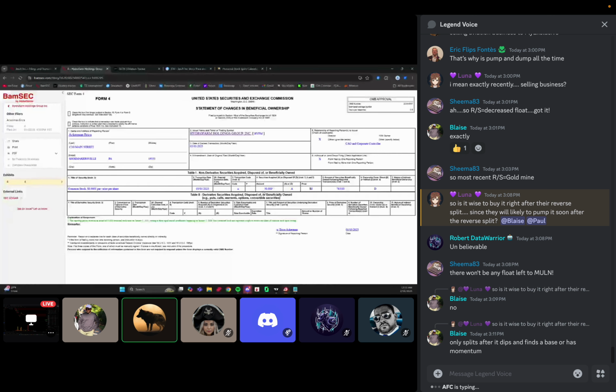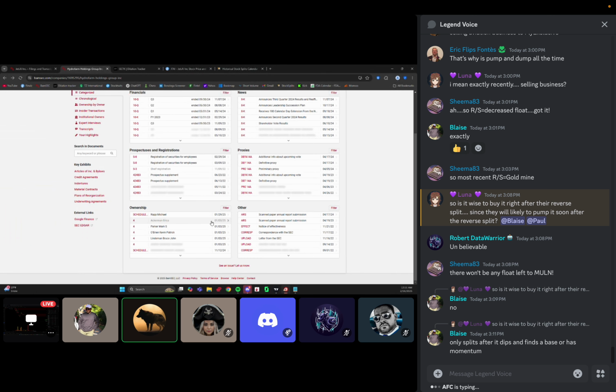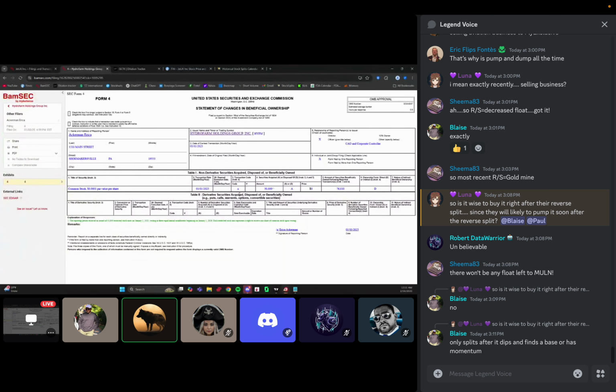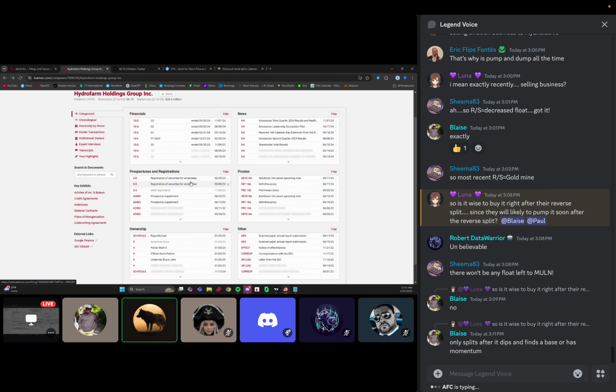And the bigger the share is, so look at this. Now, before the split, they were already giving each other shares to dump. So now what's going to happen? Now we are waiting for either a new S1 or S3 dilution filing, or the news.